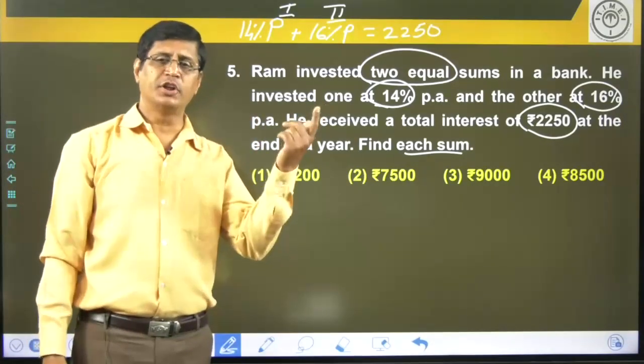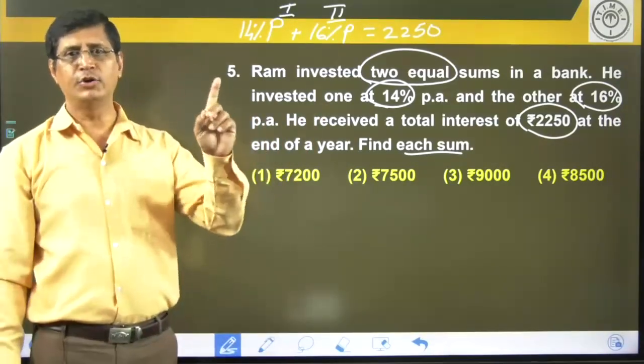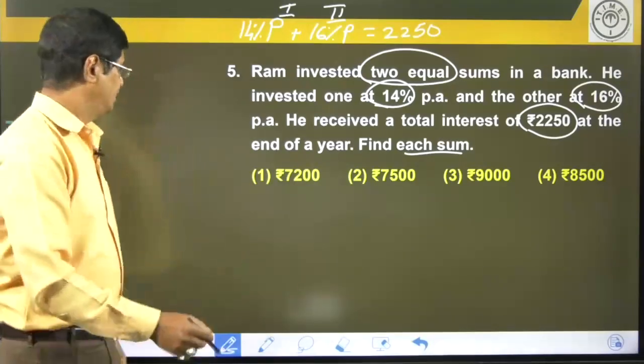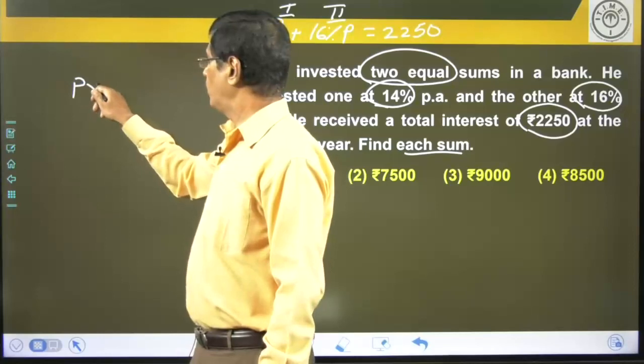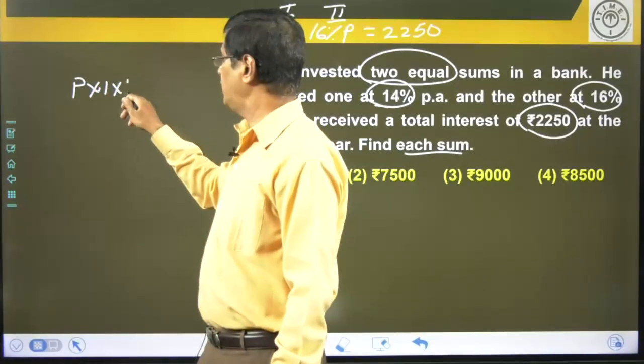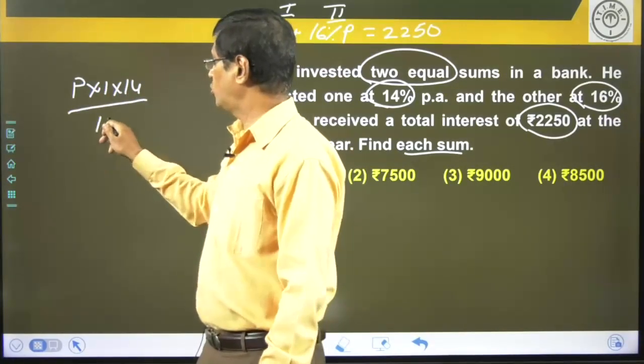1 year, 14%. P into 1 into 14 by 100. If you write like this, what does it mean?